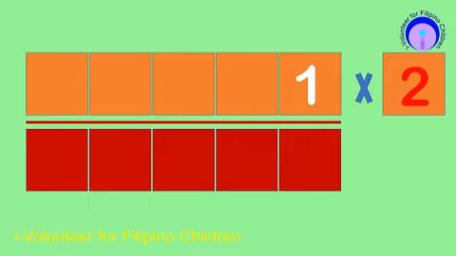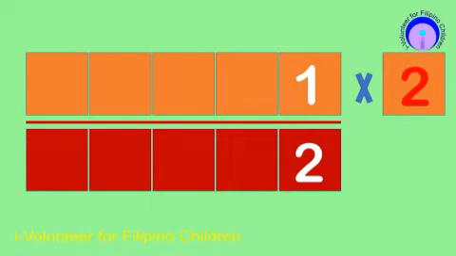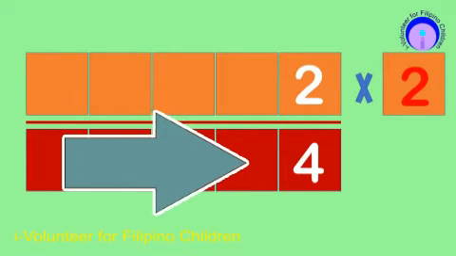Upang mas lalo nating maintindihan, uumpisahan natin sa maliit lang na number 1. 1 times 2 is equal to 2. Kapag dinoble natin ang 1, ang magiging product ay 2. Kapag ang 2 ay dinoble natin, ang magiging result o product ay 4.